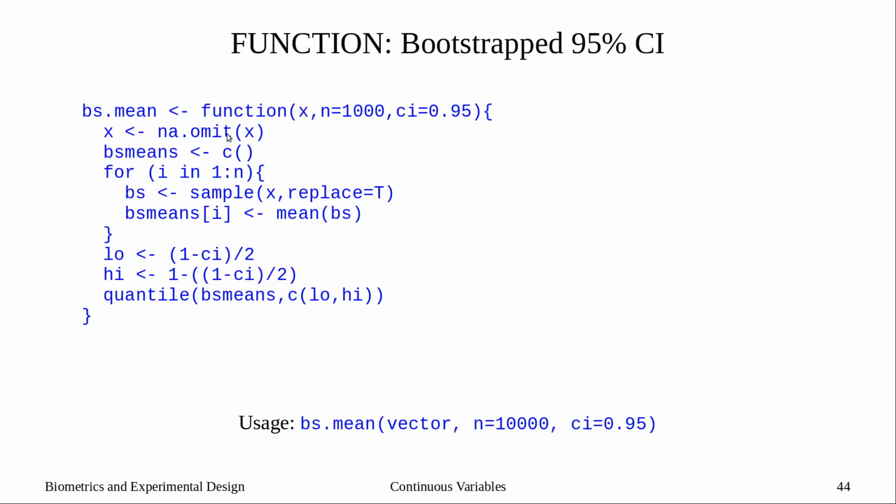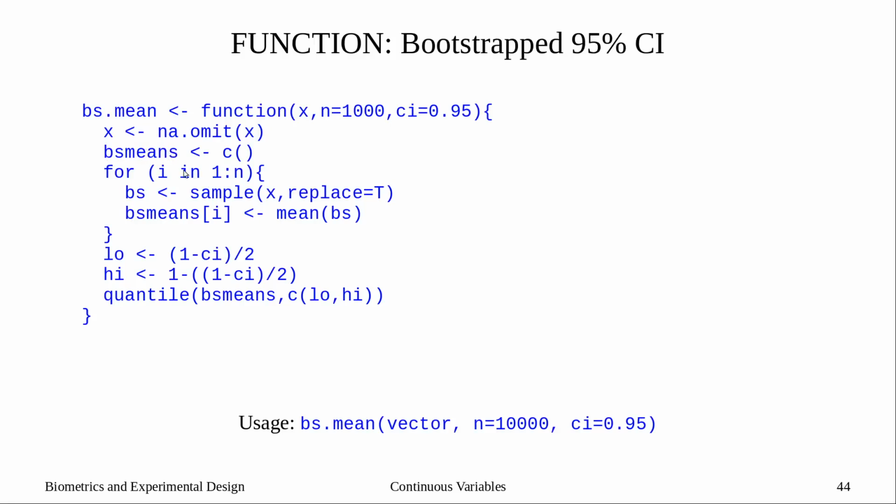Now, it could be debatable whether or not we should include missing data. You can find arguments for and against. If you're curious about it, just look it up online. I'm going to go ahead and remove missing data because it's usually unlikely that we have a large amount of missing data in our data set. So we'll then create our BS means vector. This will hold all of our bootstrapped means.